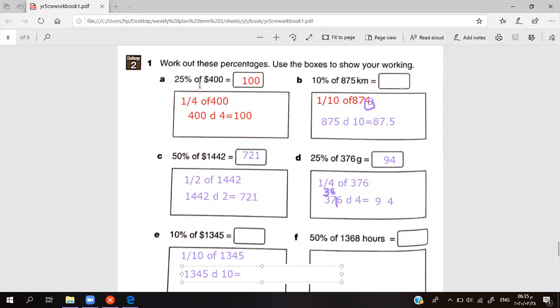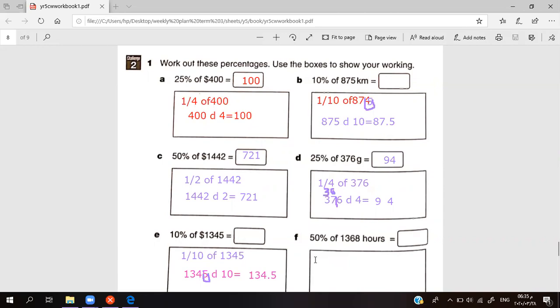Okay, I will move my decimal one place like that. So it will become 134.5.